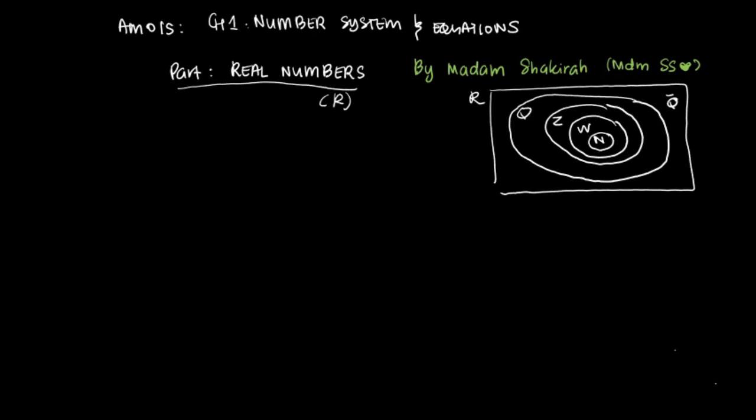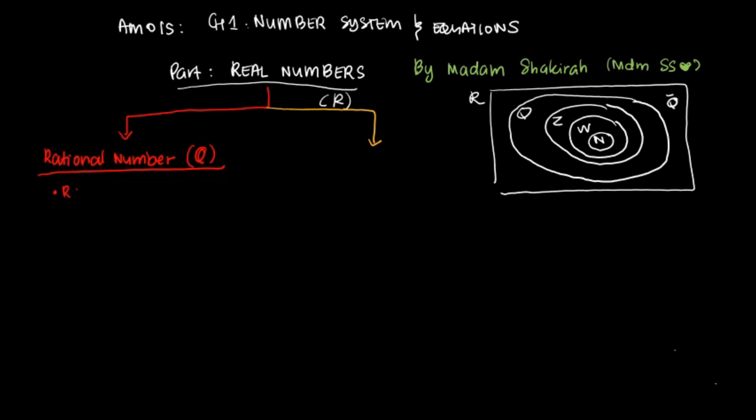Let's first identify each type. The first type I want you to be familiar with is called rational number. Rational number is notated by Q. What is a rational number? A rational number is a ratio or fraction, for example 3/2.